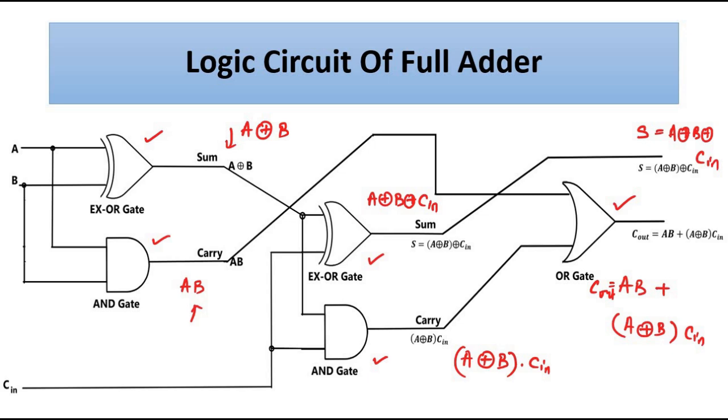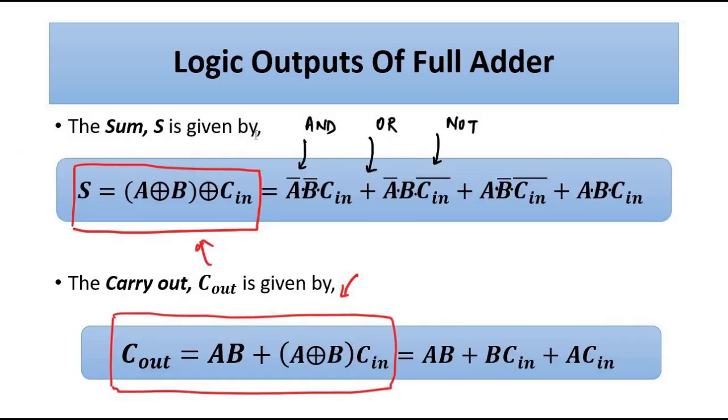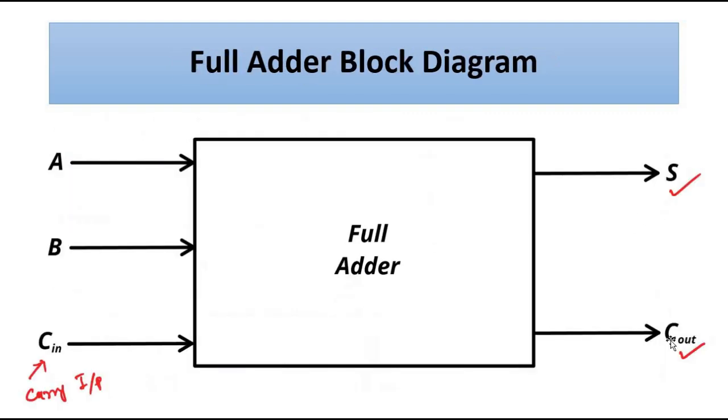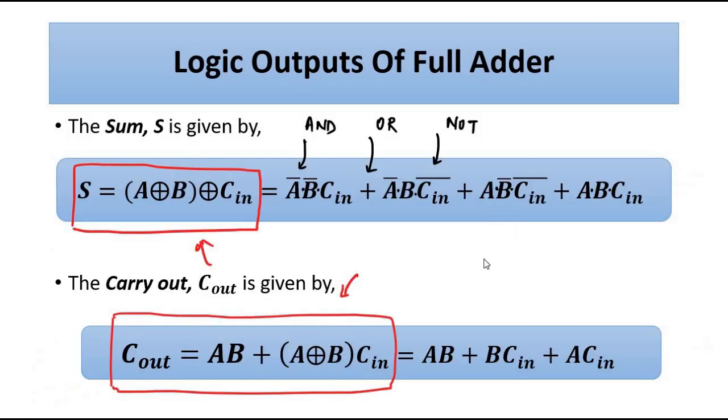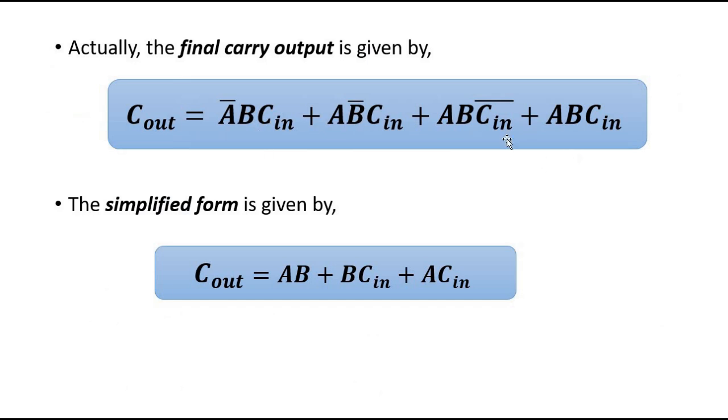So the most important thing here is to understand and remember the Boolean expressions of the two outputs, sum and carry output of full adder, which is this, and their variations. The sum, this is the carry output, this is one variation, this is one variation, and this is another. But they essentially represent the same thing, they mean the same thing.